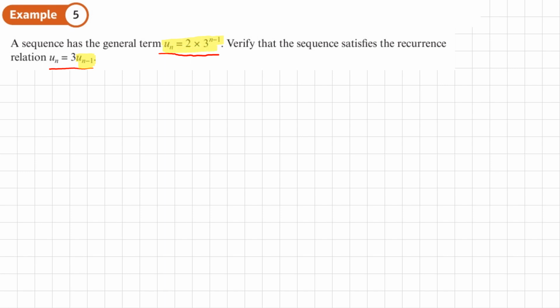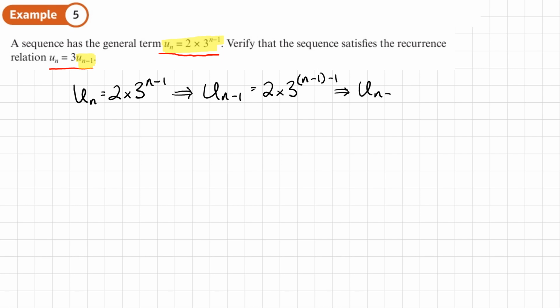Right, so we have un equals 2 times 3 to the power n minus 1. So that means that un minus 1, we just take 1 away from n, it's going to be 2 times 3 to the power n minus 1 minus 1. I suppose I could have done that all in once, pretty easy. So un minus 1 is equal to 2 times by 3 to the power n minus 2.